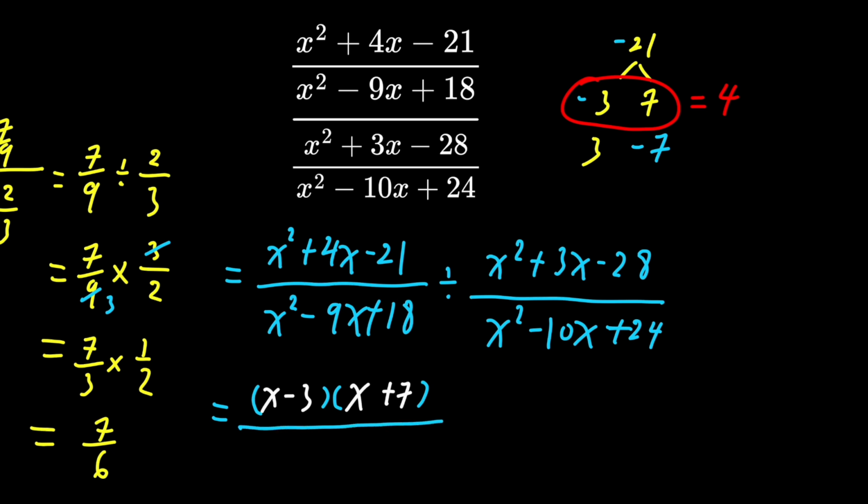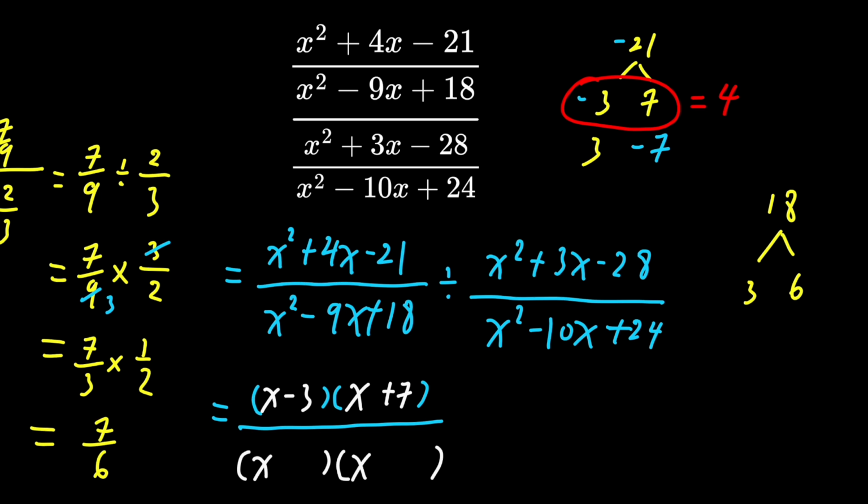Okay, for the second one, similarly, we put the two parentheses. And to break this x squared, we put two variables x. And similarly, we want to break this 18. So two factors multiplying each other give us 18, and they are 3 and 6. Then the sum of these two numbers must be negative 9.